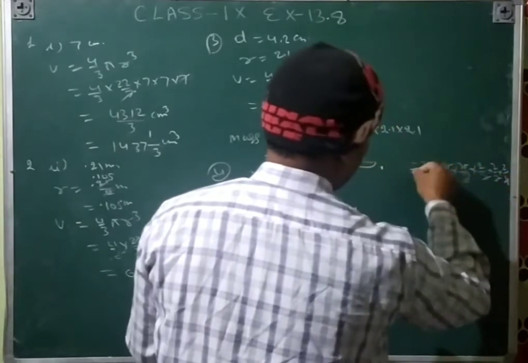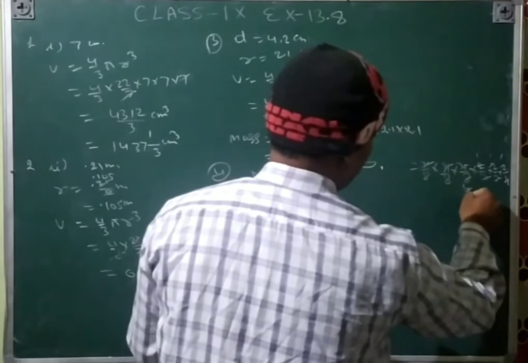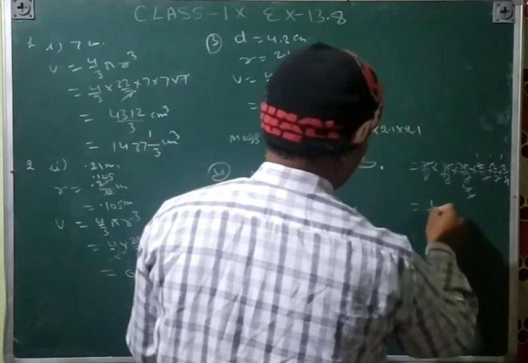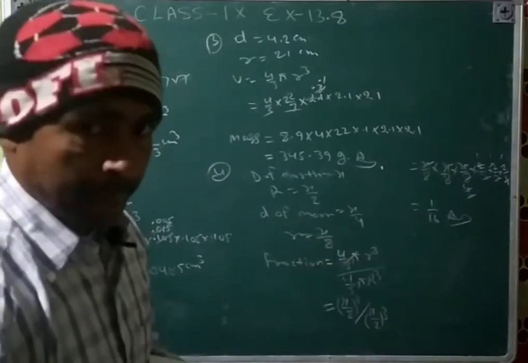The x cancels, and 2 1s are 2, 2 4s are 8, 2 2s are 4, so 1 upon 16 is the fraction.